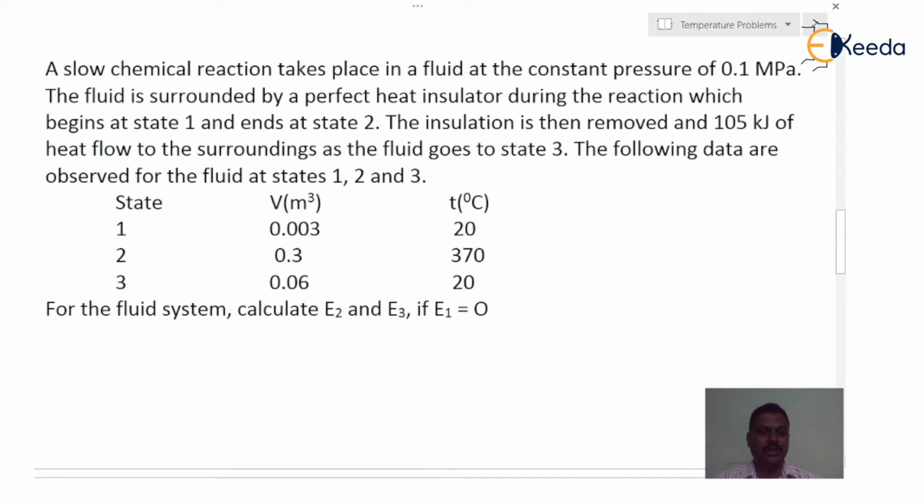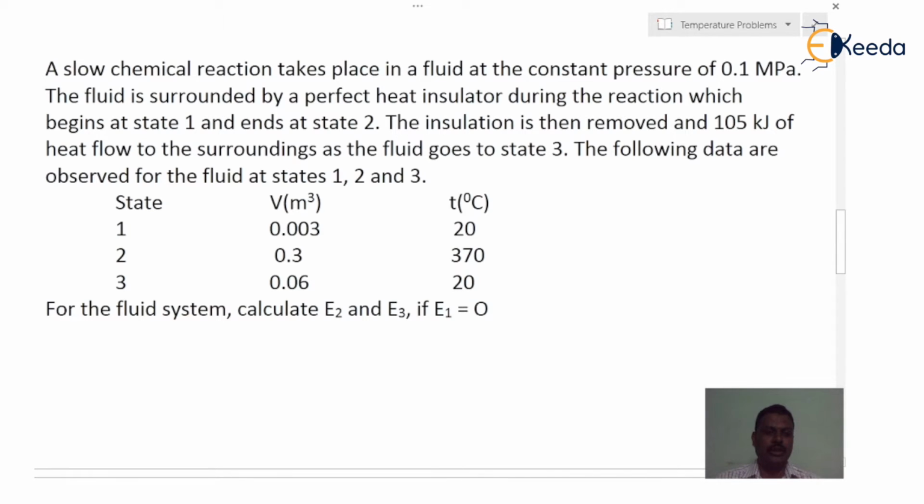Okay, now let us take another problem, the first law of thermodynamics applied to a closed system. In this problem, a slow chemical reaction takes place in a fluid at a constant pressure of 0.1 megapascals.